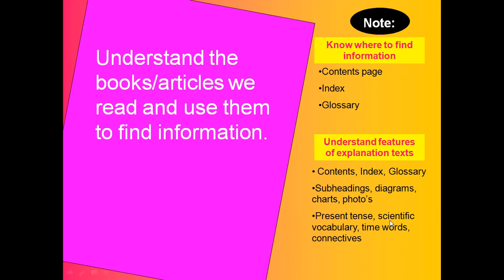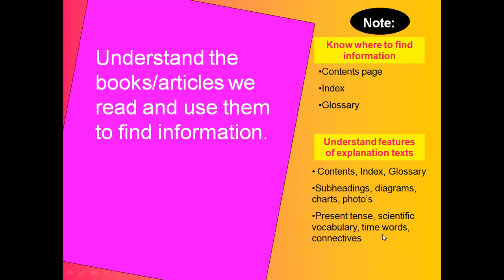And also, sometimes you may need to use scientific vocabulary like the terms reflection and refraction. These are scientific vocabulary. And when you use vocabulary like this, you need to explain it to the reader. You need to simplify the word to make it easy for the reader to understand.